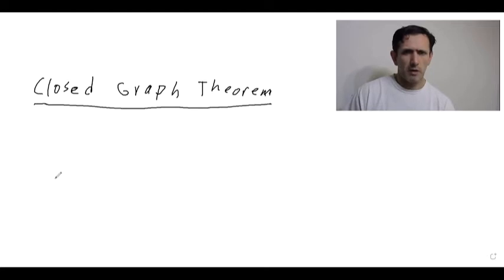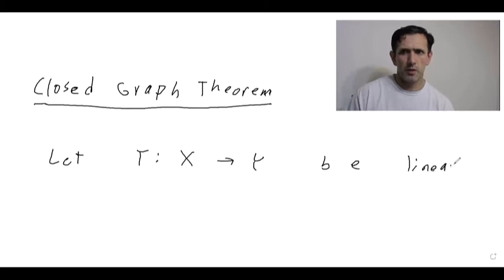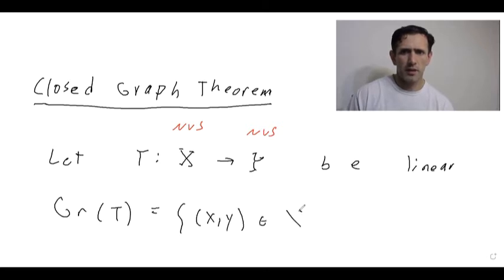Okay, so let's say we have a linear map T, not necessarily bounded, between two normed vector spaces X and Y. The graph is, well, you probably know what the graph of a function is. It's the set of all x and y in the Cartesian product, and we'll give this Cartesian product the obvious norm in a second.